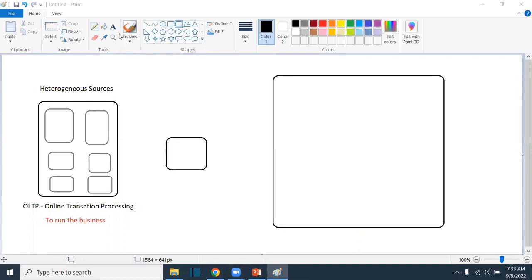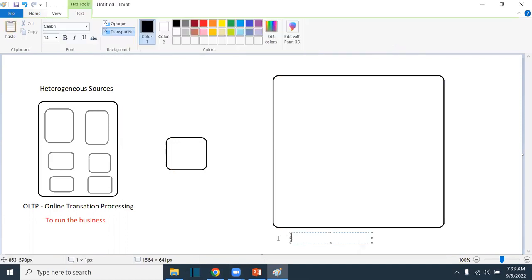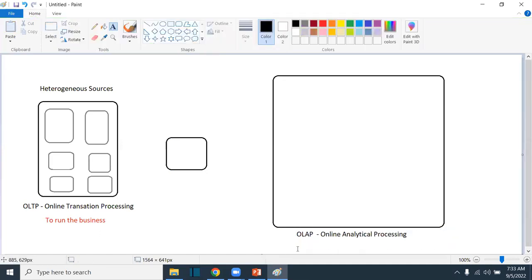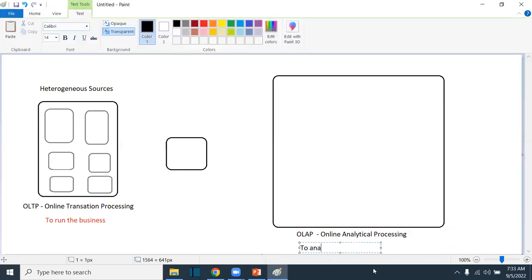All the documents I will send to you. So analytical processing, that's what we go for with an OLAP system. On the left-hand side we have the system to run the business, and to analyze the business I will go for OLAP.